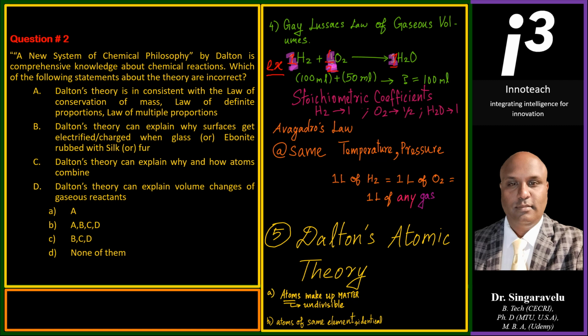What Avogadro's law says is, at the same temperature and pressure, the volumes of all gases will be equal. And if the volumes of all different gases are equal, then they will have an equal number of molecules, and that's what Avogadro's law states.